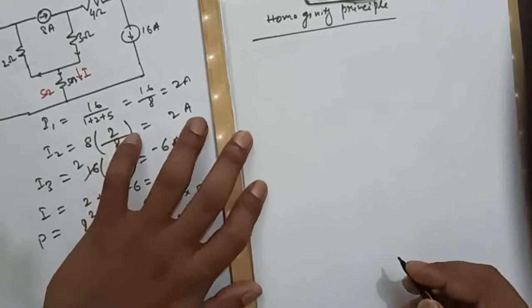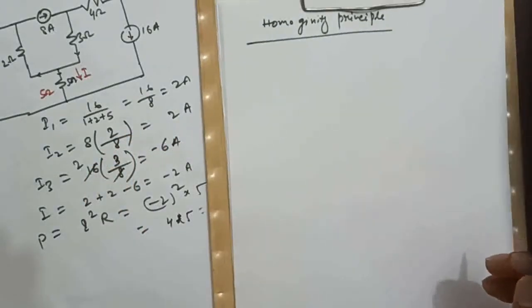Or it simply states that in a linear network, if the excitation is multiplied by a constant k, then the response will also get multiplied by k, right?